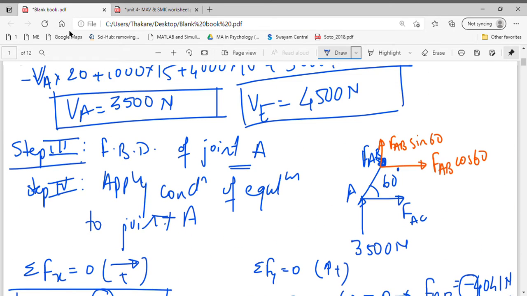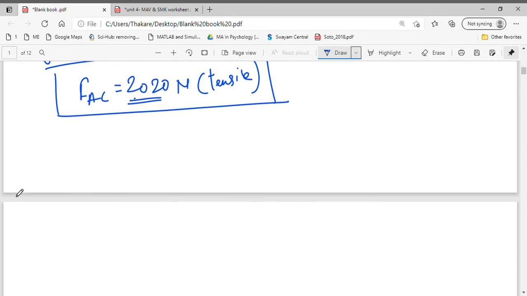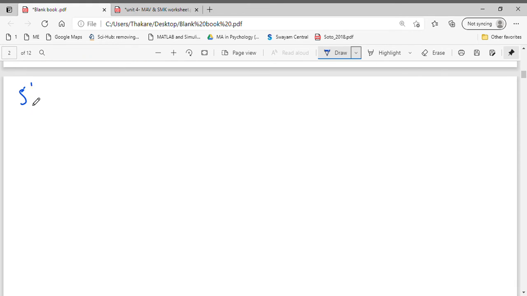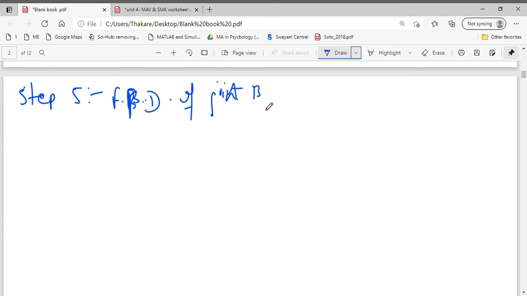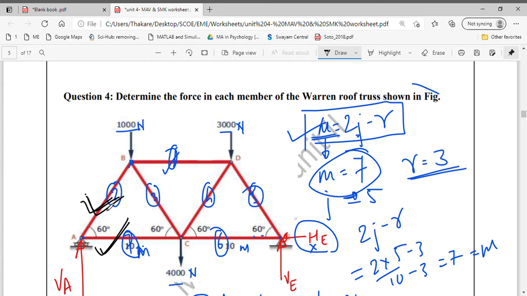So we will have our step 5. We will draw the FBD of joint B. On joint B, there are 3 unknowns, BA, BC and BD.